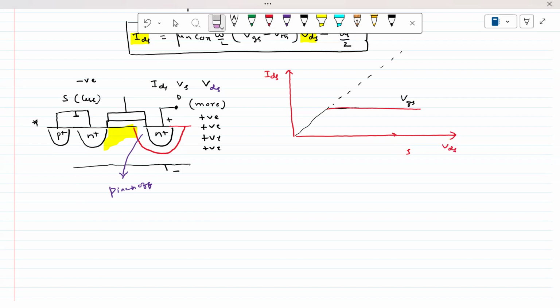The question here is what potential causes this kind of phenomenon, that is, the voltage of VDS at which this pinch off will occur. I hope everyone can understand that this is called the linear region.